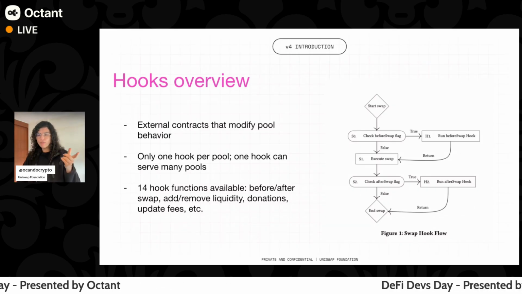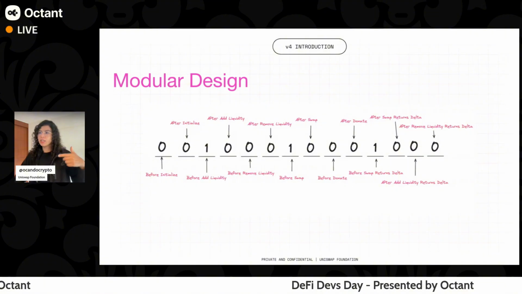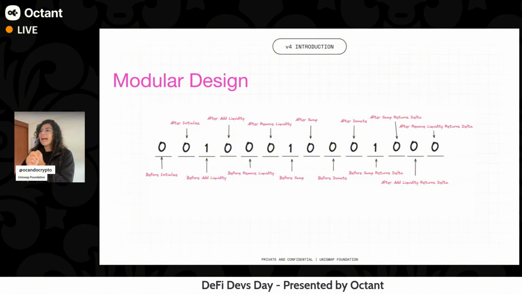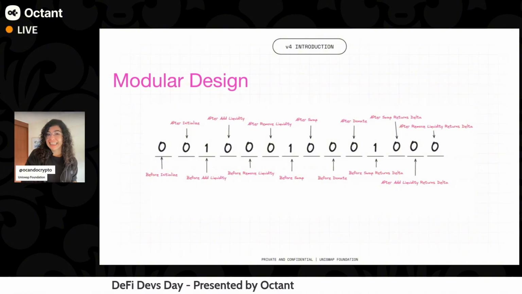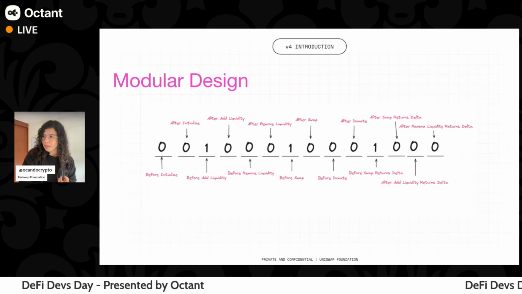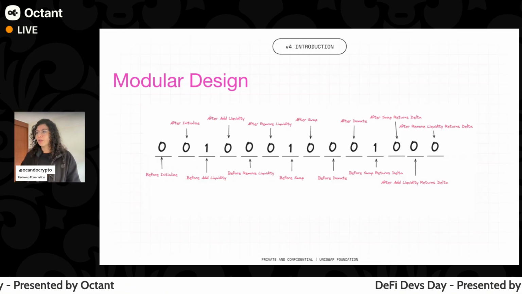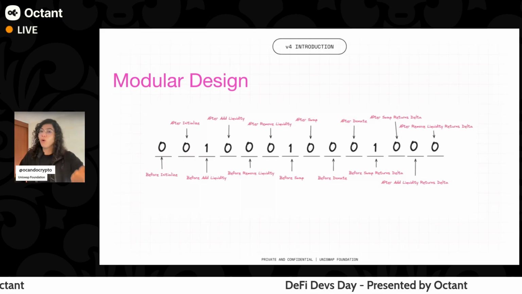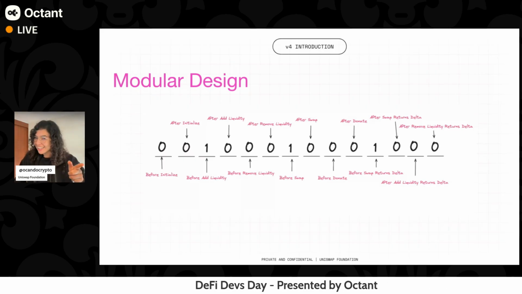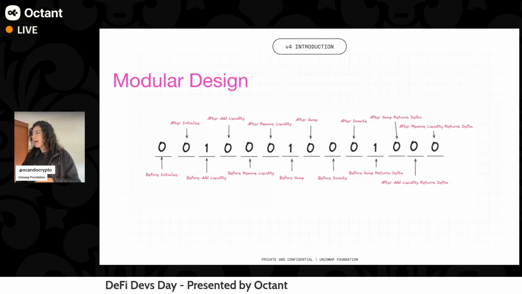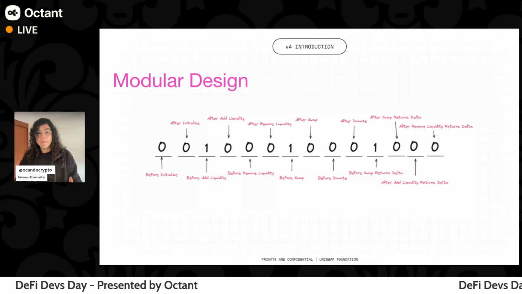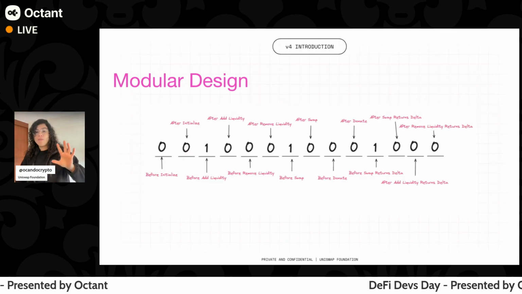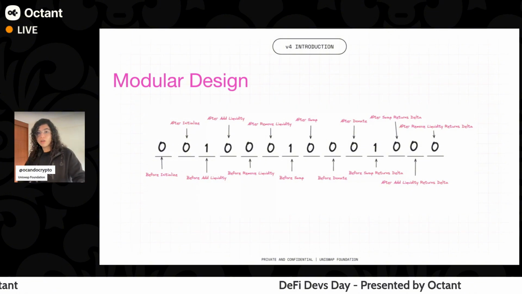So think about all of the possibilities that we have, because we have before initialize, after initialize, before add liquidity, after add liquidity, remove liquidity, swap, donate, swap returns delta, or liquidity returns delta. Meaning, these are some of the 14 hook functions that we have.